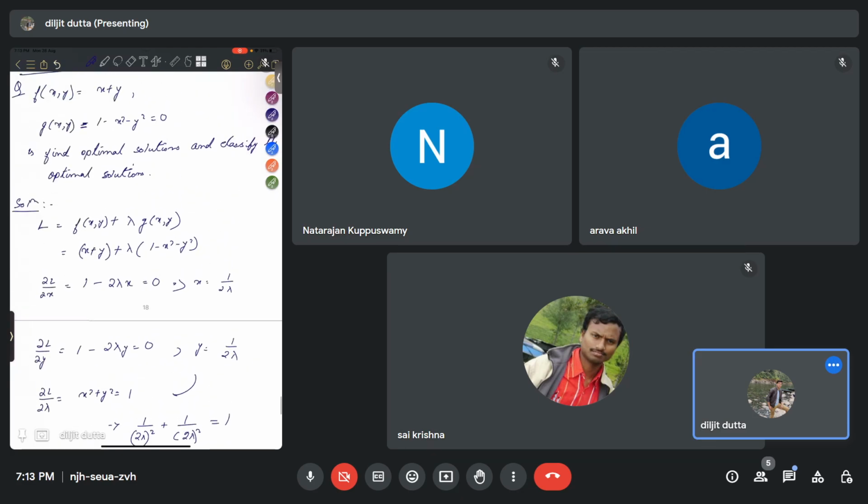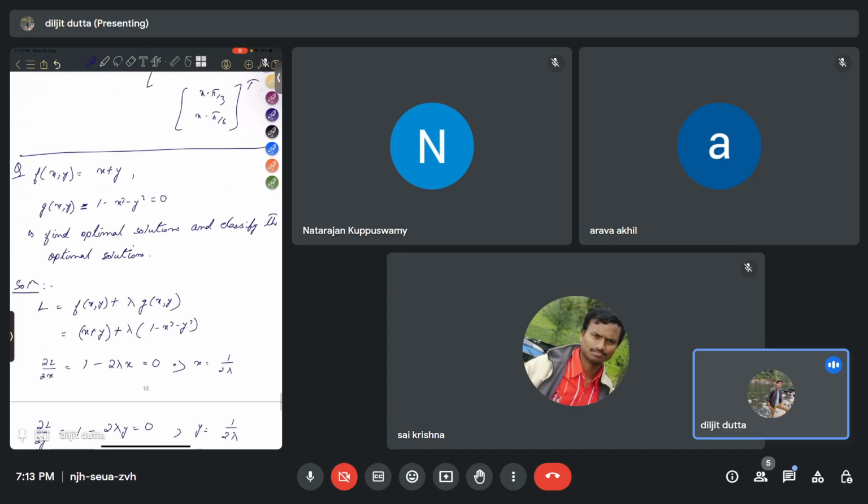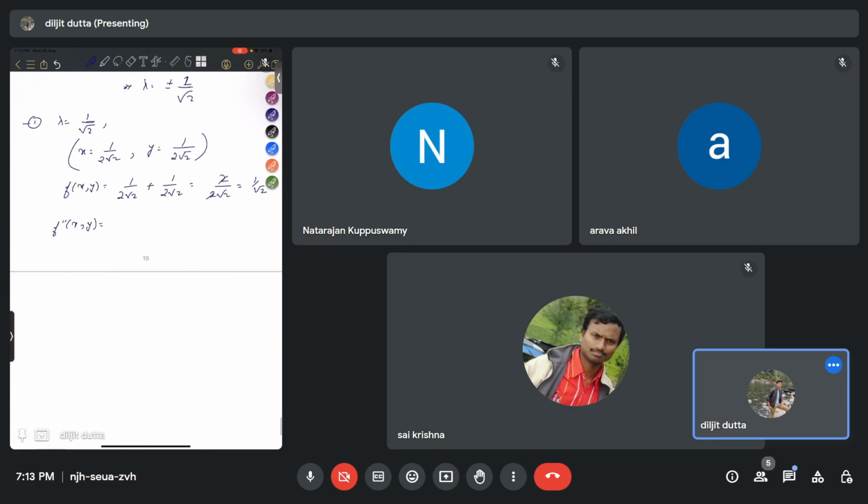We will have the Hessian matrix of del square f by del x square and del square f by del y square.